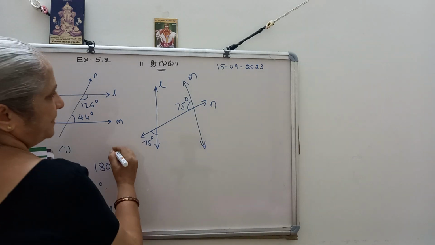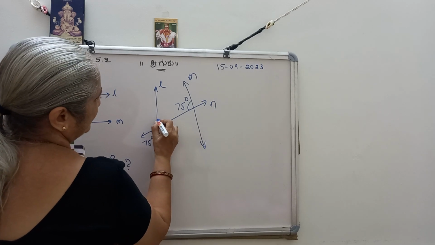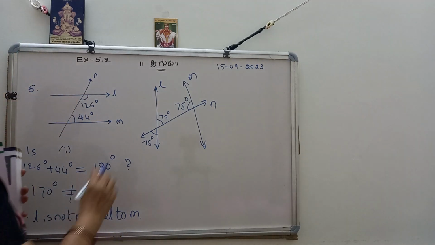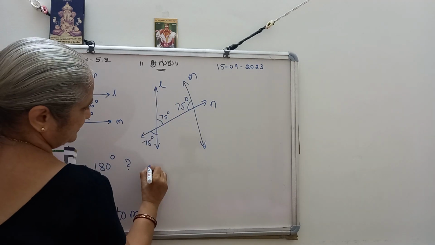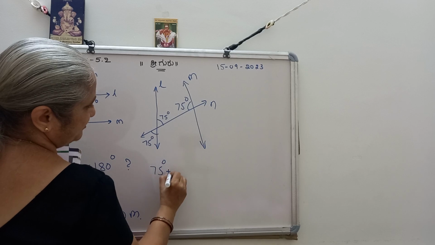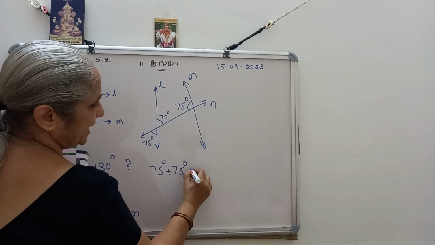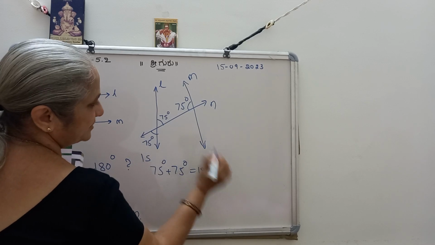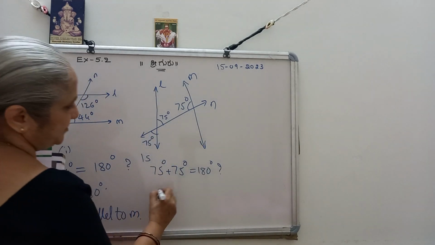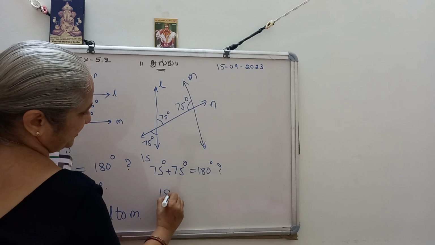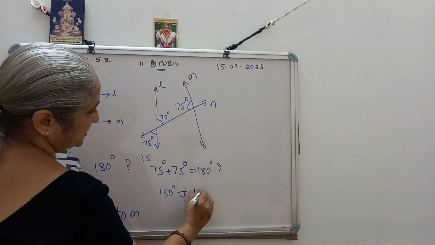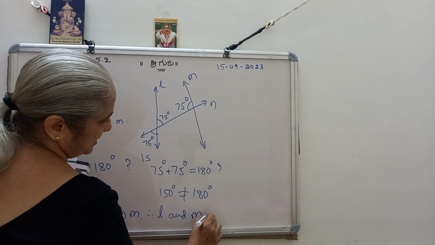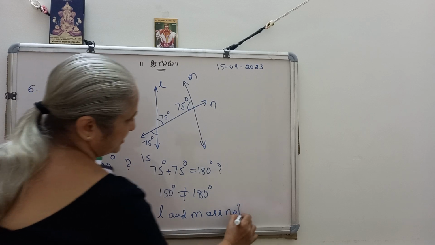Here, these two are vertically opposite angles. Therefore, this is also 75 degrees. And these two angles, 75 degrees plus 75 degrees, do they add up to 180 degrees? No. 150 degrees is not equal to 180 degrees. Therefore, L and M are not parallel.